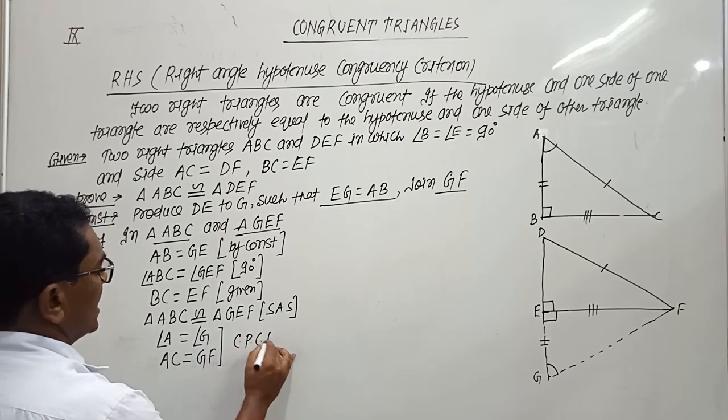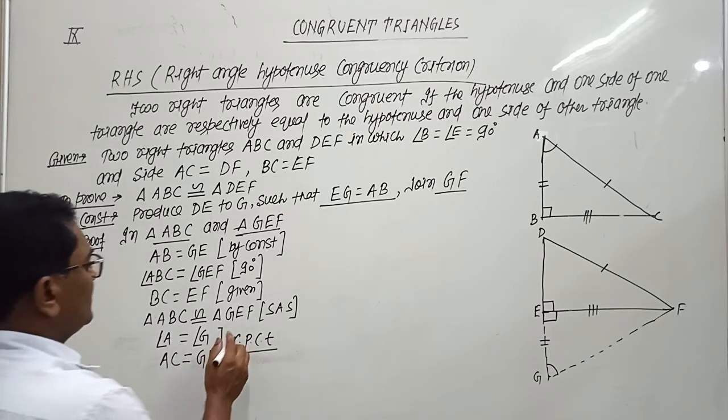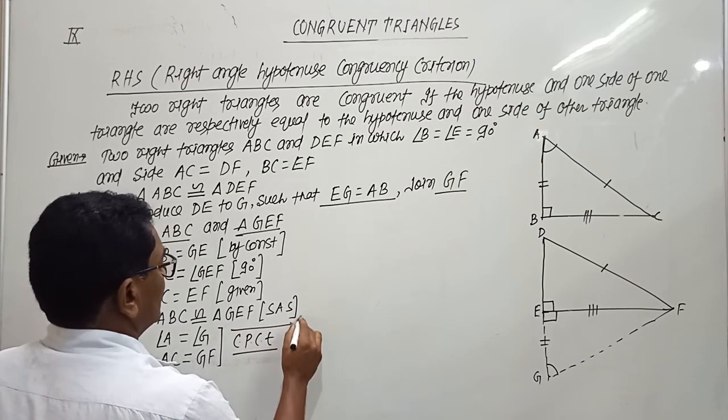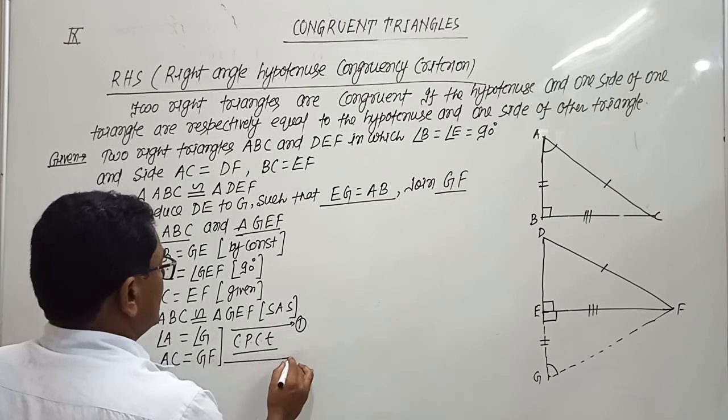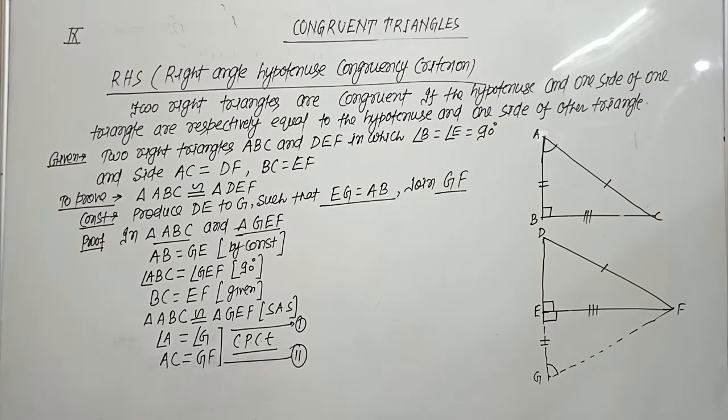This is by CPCT. So angle A equals angle G, let it be the first equation, and AC equals GF, the second equation.